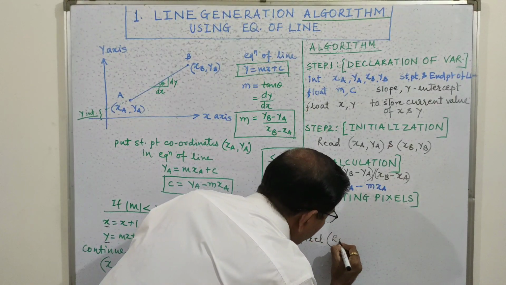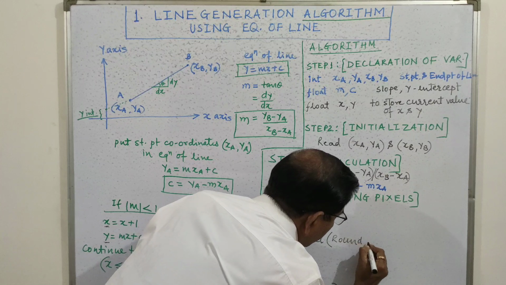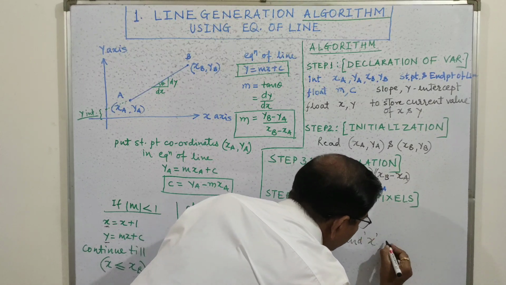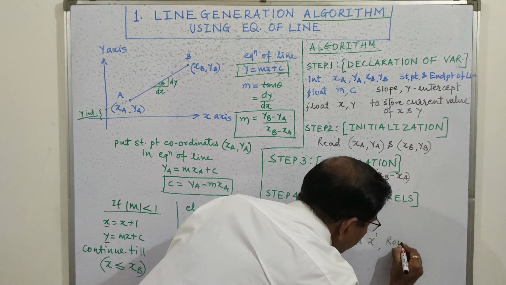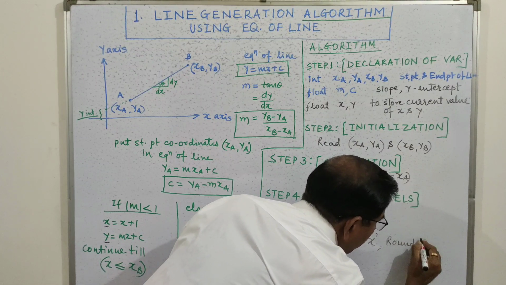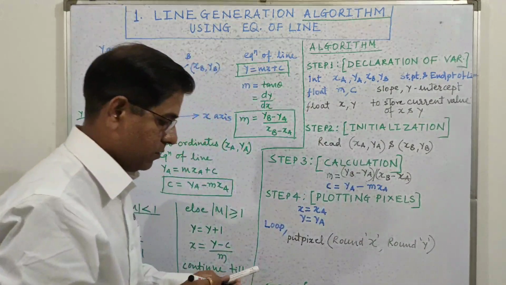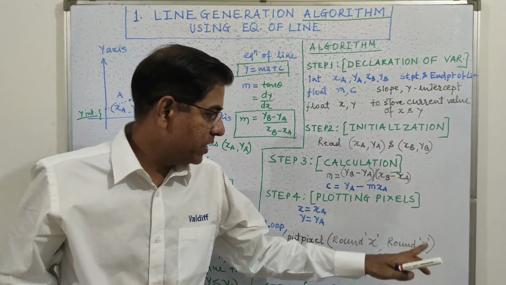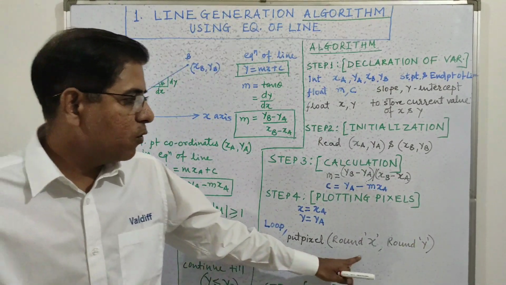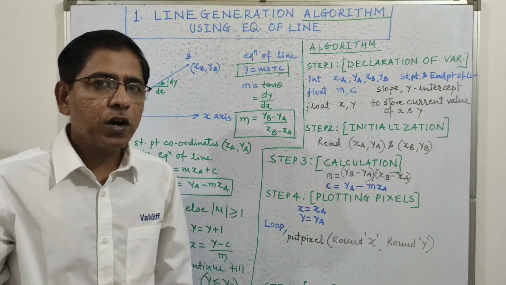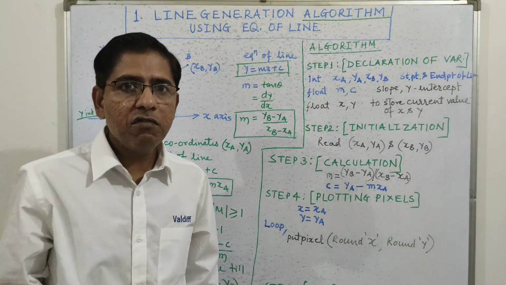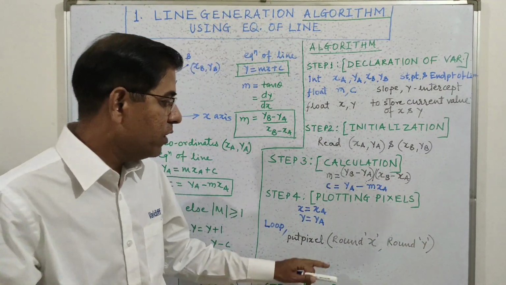So round x, round y. The put pixel statement takes round x and round y. So whatever the values of x and y, we round them first and then we plot.